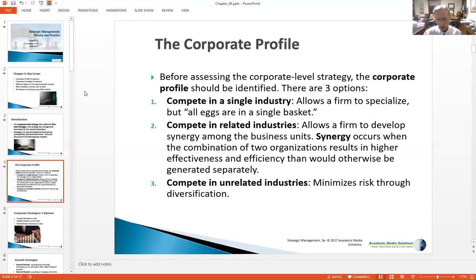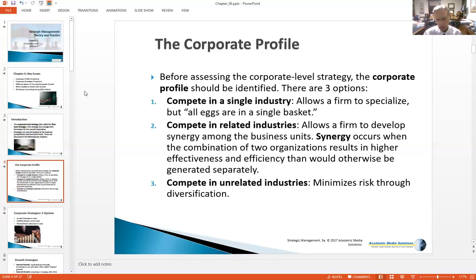Some in the second strategy, such as 3M, which does research and development to support several small businesses, none of which could afford the research and development laboratories in plastics and other products that are common to all those businesses that 3M can conduct at the corporate level.